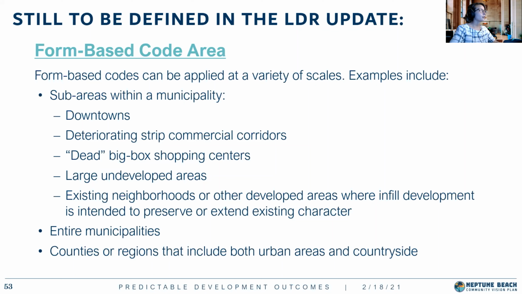Potentially, they can create a floating form-based code that's optional for developers to use in certain areas. Or they can apply them to existing neighborhoods where there's some infill development potential or where they're trying to preserve and extend a specific historic or existing character. You can also apply them to an entire city or municipality or even to a county and region.